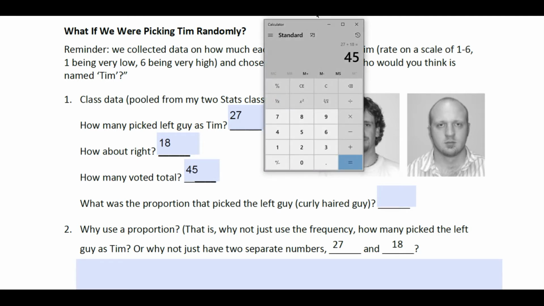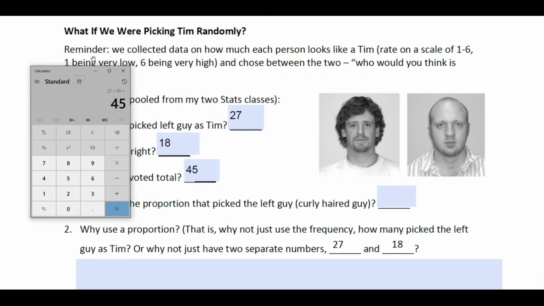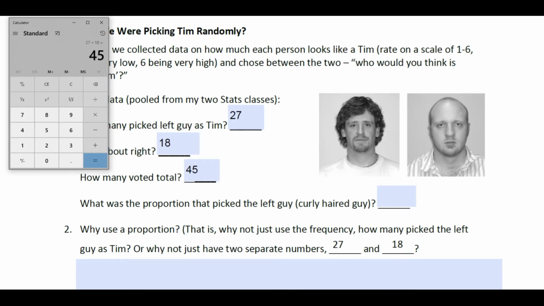So 27 people chose the guy on the left, and I'm going to divide by the total number of people who voted, which is 45, and that's going to give us the proportion that picked the guy on the left.